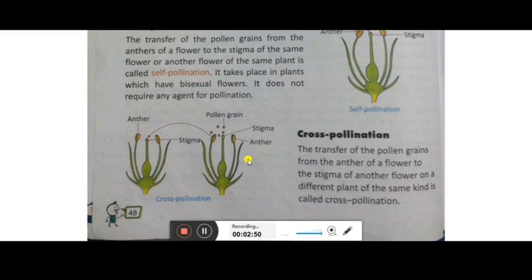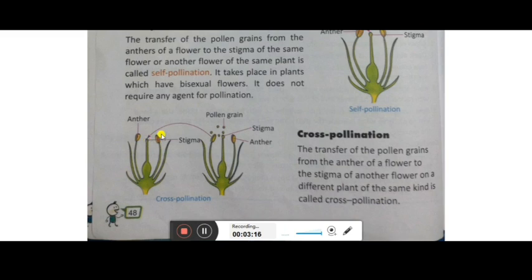That means the hibiscus flower will go to the hibiscus flower only. Hibiscus means the gudhal flower. Similarly, the same kind of flower will be there, but the plant will be different. So that is known as cross-pollination. As you can see here in the picture, the pollen from here will move towards this one, to the stigma.